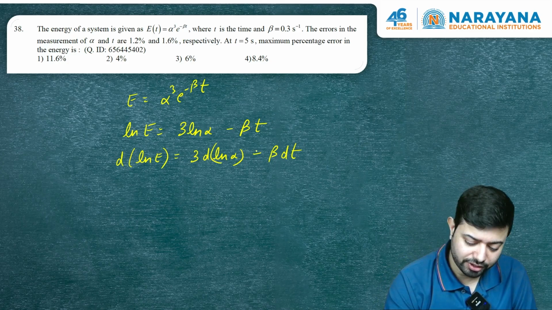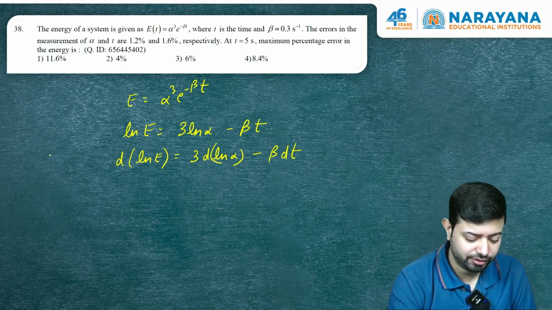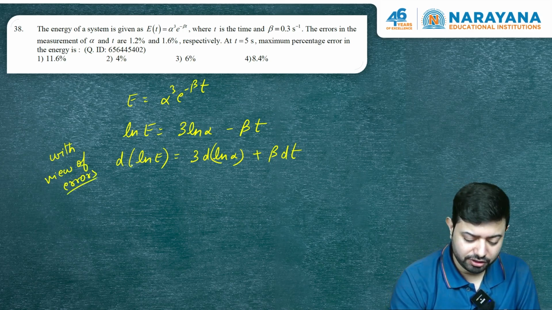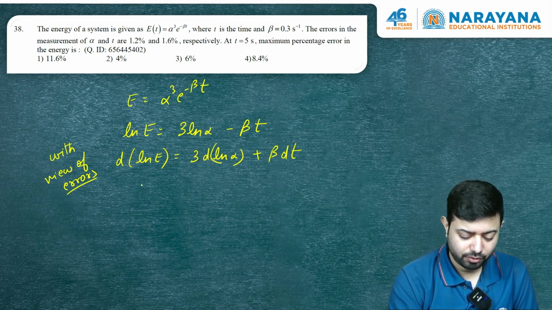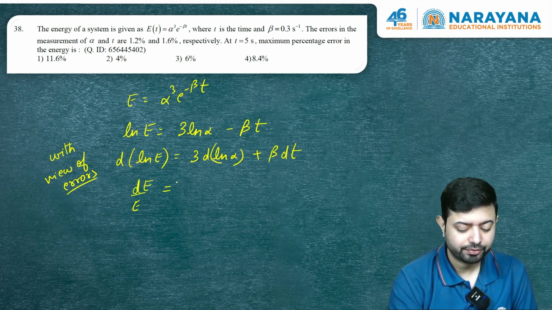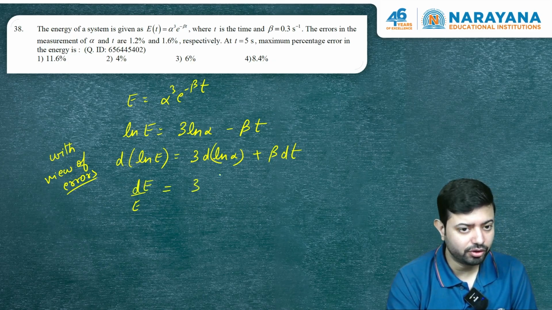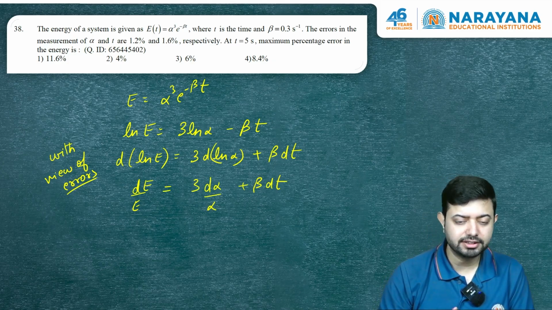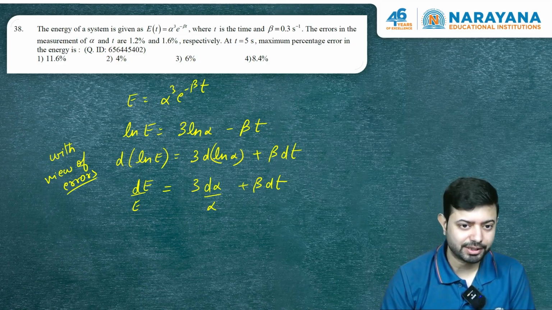So, therefore, in view of errors, this minus will become plus. And what is d of ln E? It is 1 by E times dE, and then similarly d of ln alpha is d alpha by alpha, plus beta dt. What are these dE, d alpha and dt? They are just errors in the respective terms.